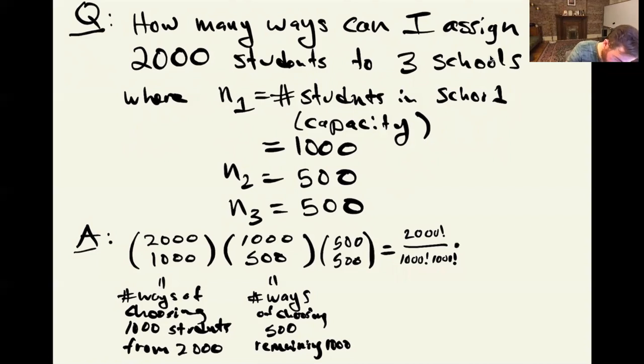Then I have 1,000 choose 500. So again, that's 1,000 factorial over 500 factorial, 500 factorial, and then times 500 factorial over 500 minus 500, which is 0 factorial, and then what's left is 500 factorial.